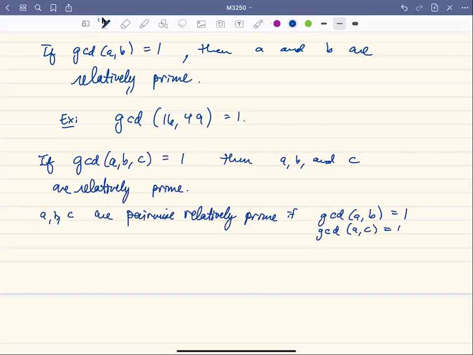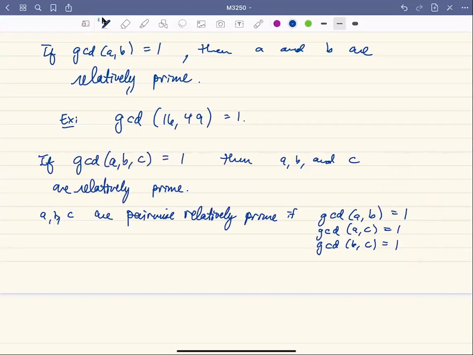So GCD of A and B, GCD of A and C, GCD of B and C. This is a stronger statement than relatively prime. In other words, there are integers that are relatively prime that are not pairwise relatively prime.